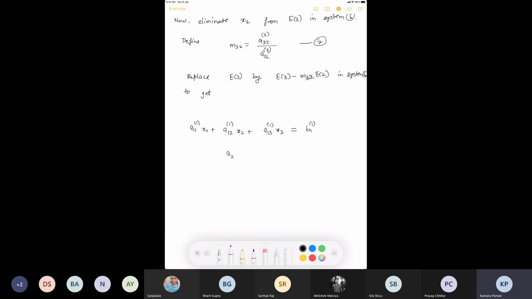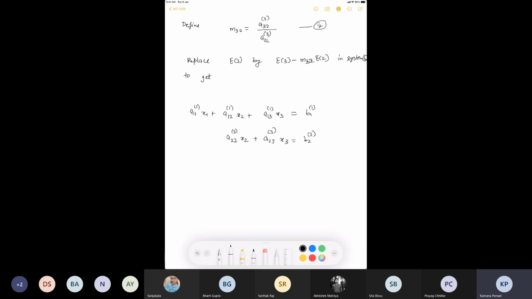And then A22(3) x2 plus A23(3) x3 equals B2(3). Now only the coefficient of the last equation will change.